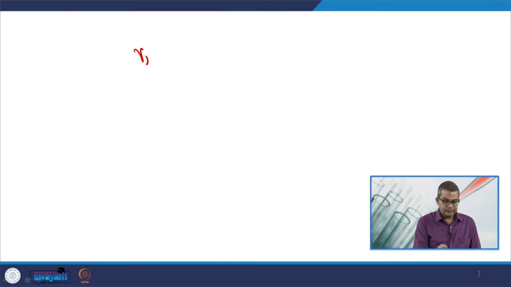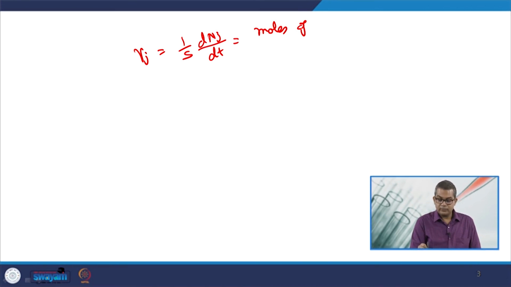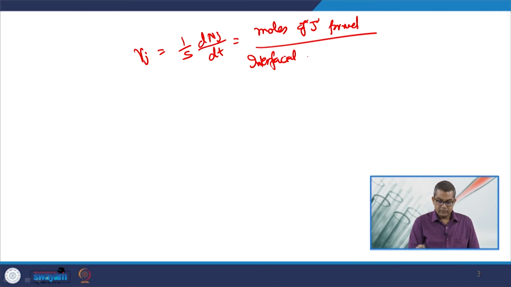This is the rate of a reaction dNJ, that is, moles of J formed divided by interfacial surface area into time.